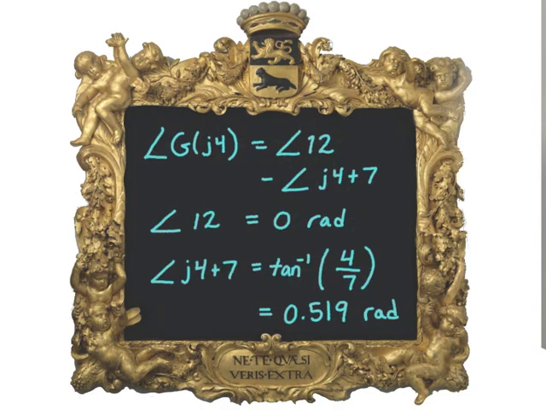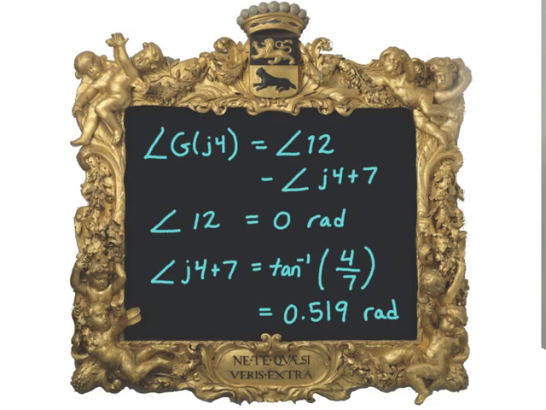Now we'll compute the angle of the complex number g evaluated at j times 4. This will be the angle of the numerator minus the angle of the denominator, according to our rules for complex numbers. So it's the angle of the numerator, 12, minus the angle of j times 4 plus 7.